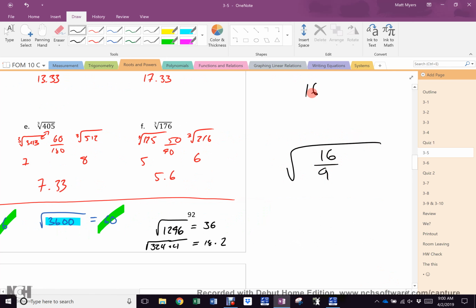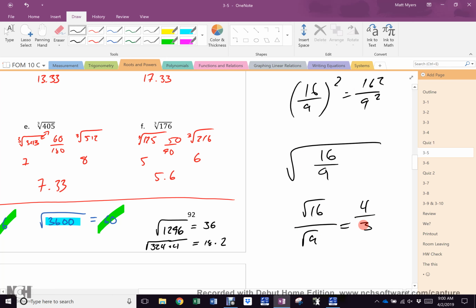If I told you 16 over 9 squared, where would that 2 go? On both of them. It would be 16 squared over 9 squared, yes? So where do you think that square root sign goes? To both of them. It would be the square root of 16 over what? Square root of 9. What's the square root of 16? What's the square root of 9? 3. Everybody with me?